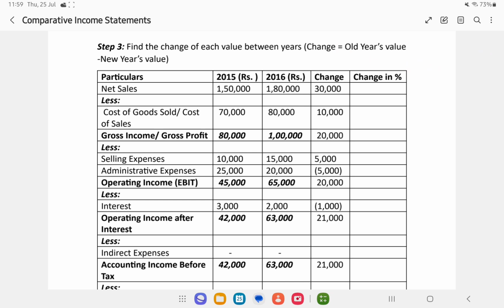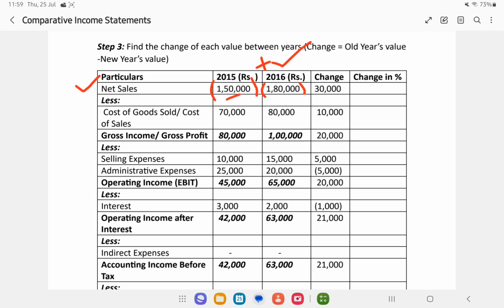Now let's see how we find the change. The first item is net sales. In 2060 we have 1,80,000 rupees as our net sales. But see what happened in 2050. It's 1,50,000 only. So we saw an increase.